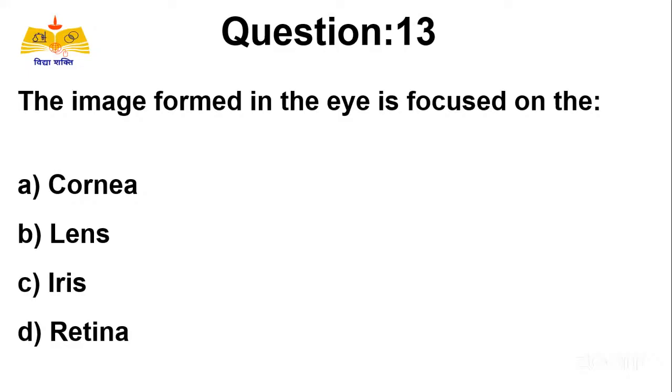Question number 13. The image formed in the eye is focused on the dash. A. Cornea, B. Lens, C. Iris, D. Retina.